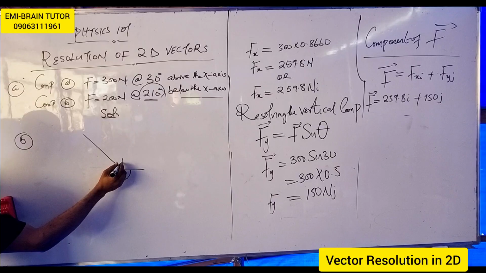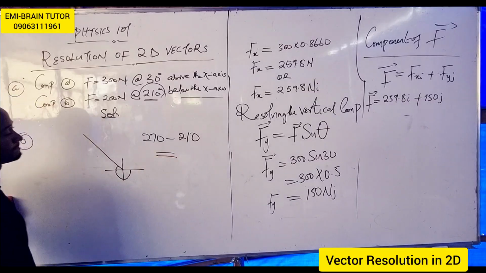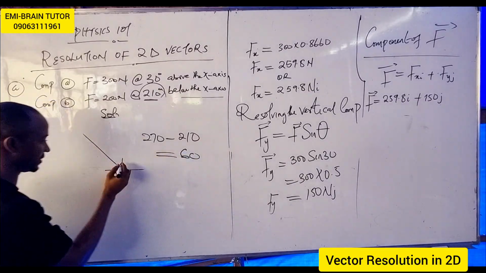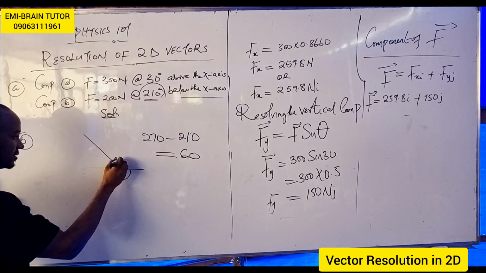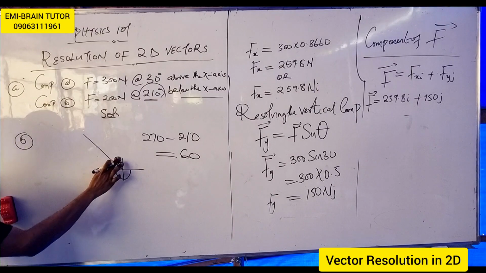From here to here is what? 270, Abi. 270 minus 210 is what? 60. So what be here is 60. Right?